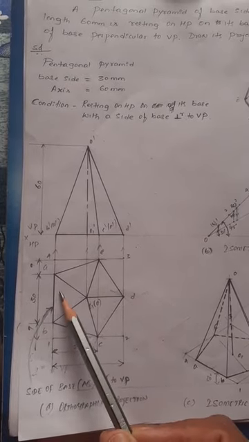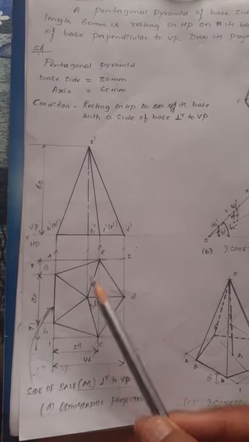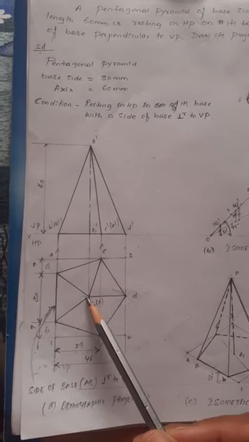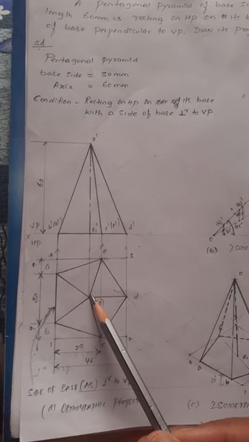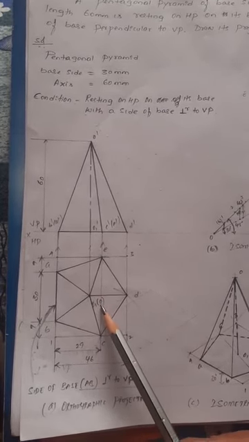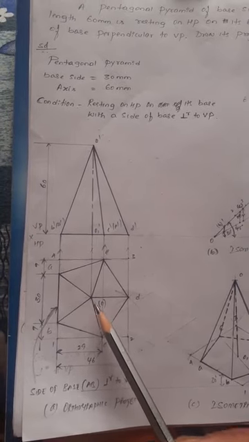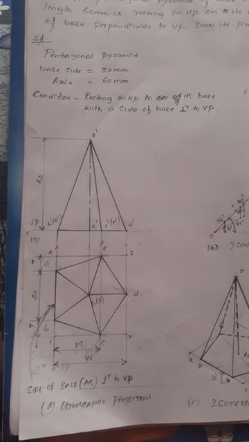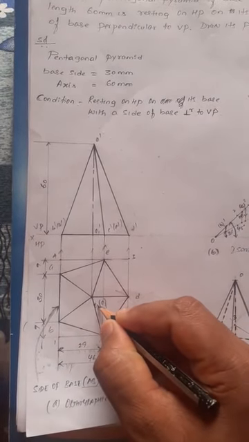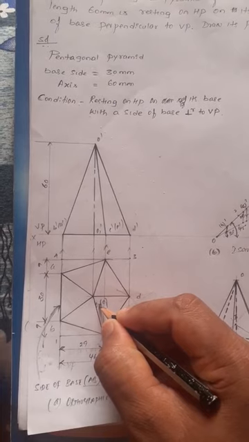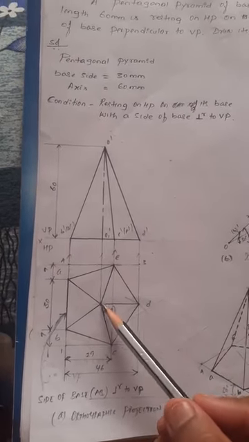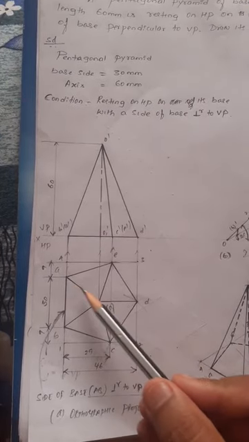Similarly, take another corner and draw a line to its opposite side's middle point. The intersection point gives the center of the pentagon. Now the base center is called O1 and the apex is called O. Sorry, make the correction: O1 is the base center and O is the apex.